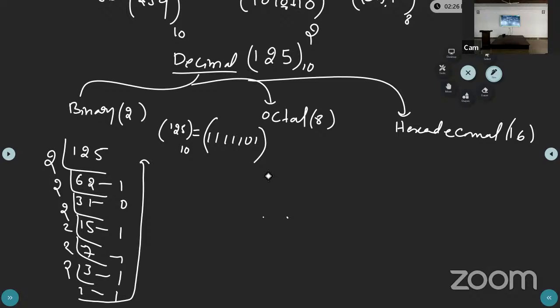What is the value? Octal? Do it. Do it fast.